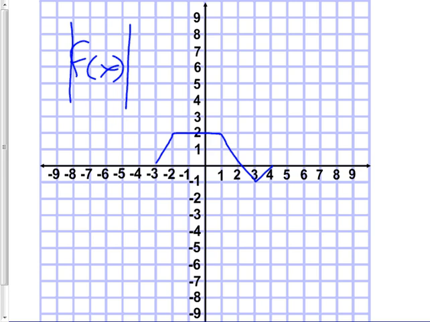When you absolute value the whole thing, think of what that does to this function. Remember, you're either absolute valuing the x's or you're absolute valuing the y's.